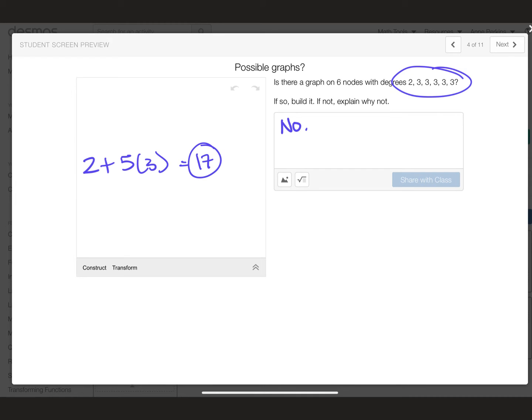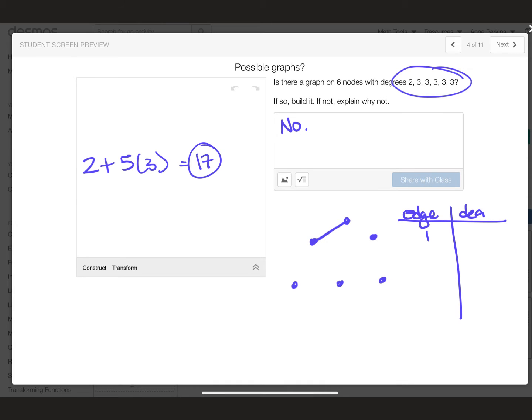And the sum of all of the degrees when you have a graph is going to be even no matter what you do. Let's look through why. So let's say I had my 6 nodes here. The sum of all of the degrees right now is 0 because there are no edges. If I add one edge, now I've got one edge.